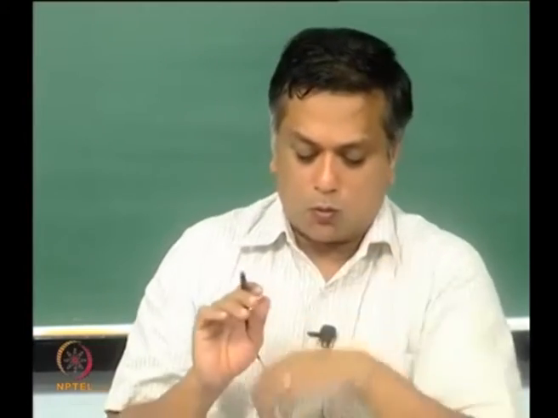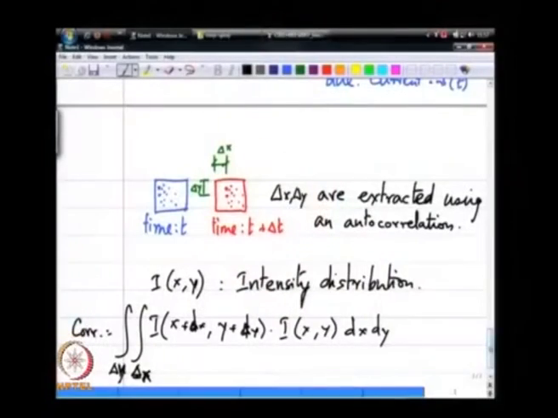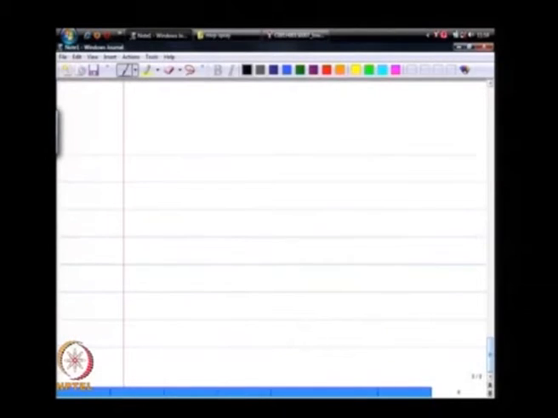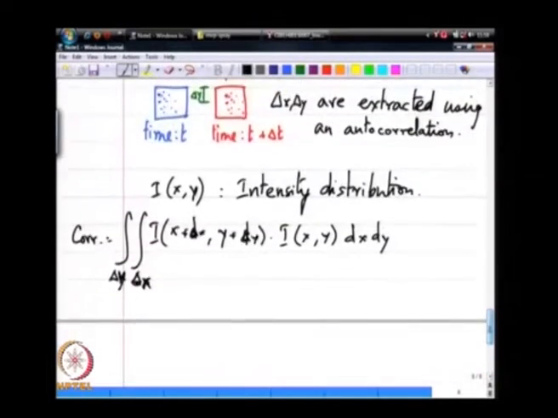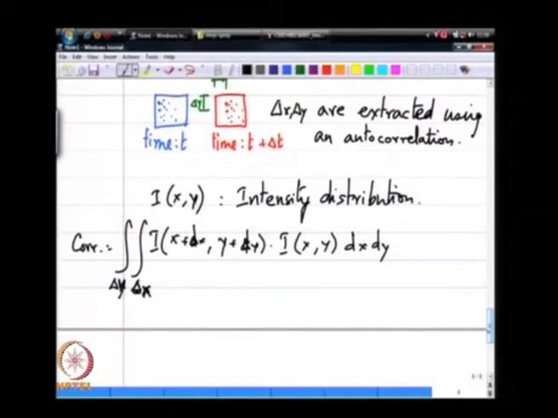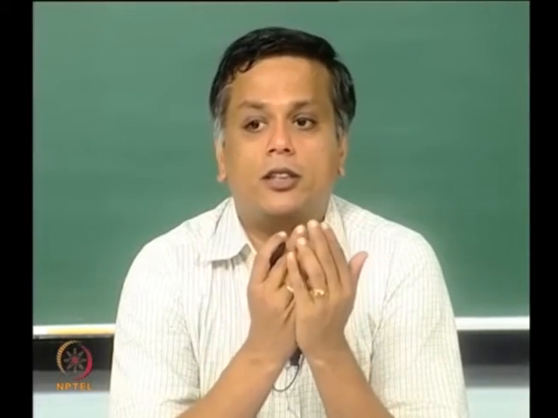Okay. Now, this is the basic principle of operation of a PIV. If I look at particle imaging velocimetry, it is essentially two images that we are trying to correlate with each other, and from the maximum peak that occurs in this autocorrelation function.